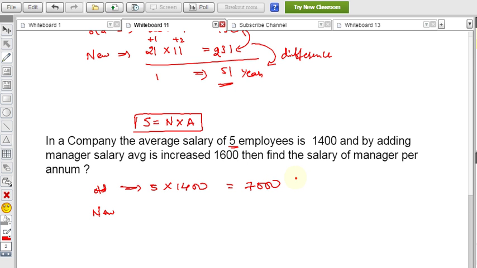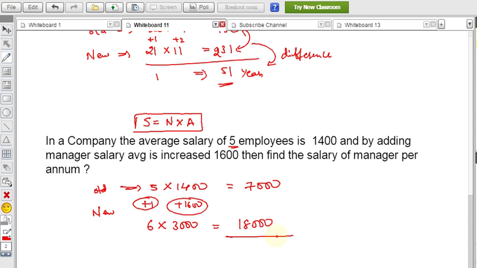Again, by adding the manager, one employee is added and their average also increased to 1600. For the new case, now 6 employees, 6 into 3000, then 18,000 is the new sum.